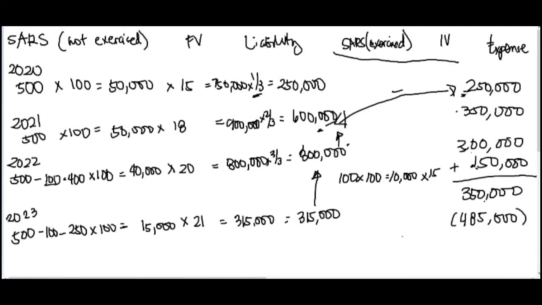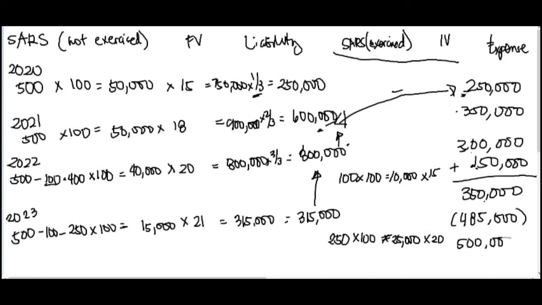Okay? Then, next, syempre, merong nag-exercise, SARs exercised. Nag-exercise nung year na yon, you don't need to include 2022. 2023 lang. So, 250 empleyado na nag-exercise times 100 shares is equal to 25,000 times their intrinsic value na 20. Lalabas po si 500,000.